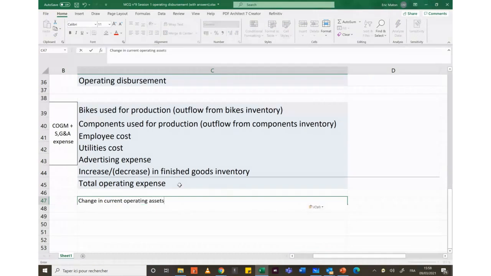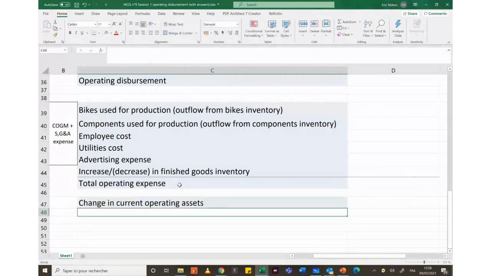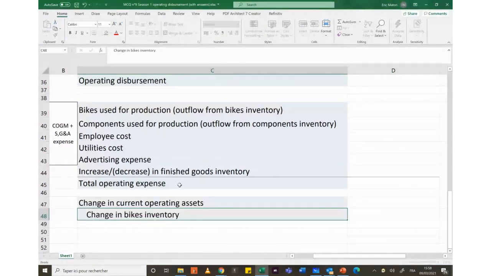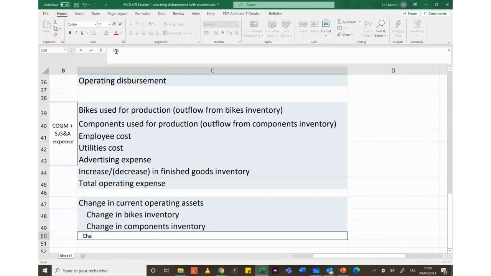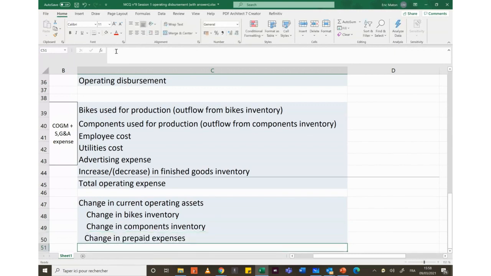In this one, I have the change in bags inventory, the change in components inventory, and the change in prepaid expenses. And it's enough.